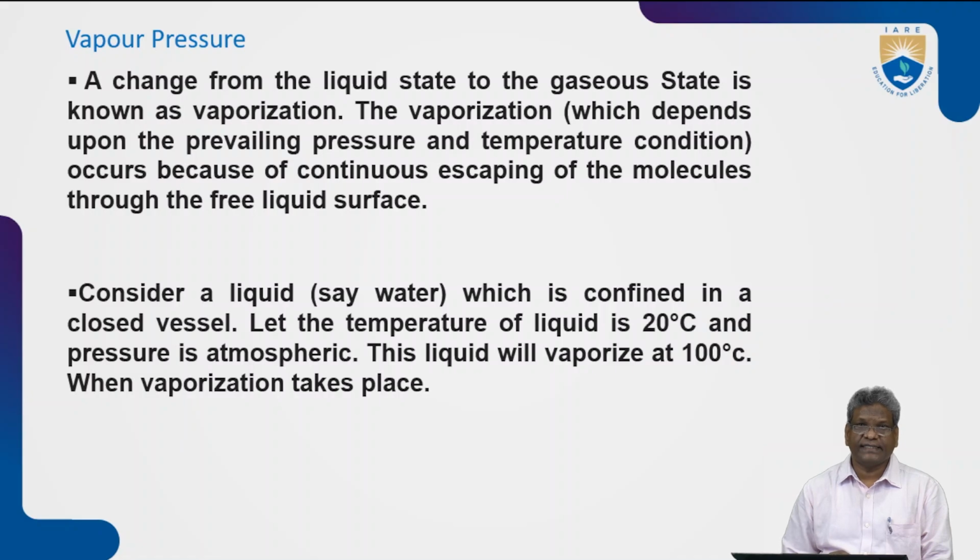Then the other important property of the fluid is vapor pressure. So what is vapor pressure? I want to give a practical example. Generally in villages, in olden days, they used small pots or vessels, keeping some lid or plate on the vessel.